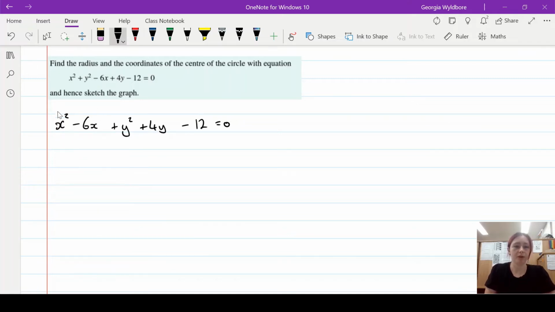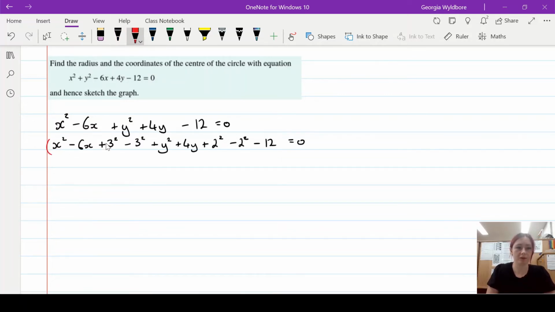So we're going to complete the square of our x terms, which gives us x squared minus 6x plus 6 on 2 squared, so 3 squared. And then we need to take away 3 squared as well. Then we do the same thing for our y terms. So y squared plus 4y plus 2 squared minus 2 squared minus 12 equals 0.